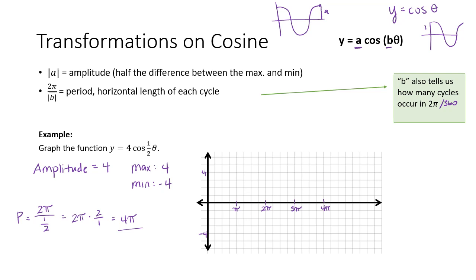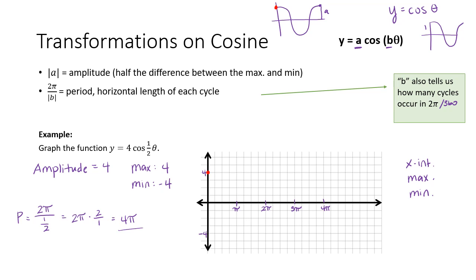So let's think about those important points: our x-intercepts, our max, and our min values. For cosine, remember we're always starting at that max. So we'll start at our max point, the top of our amplitude, 4. Next up we'll think about our x-intercept.